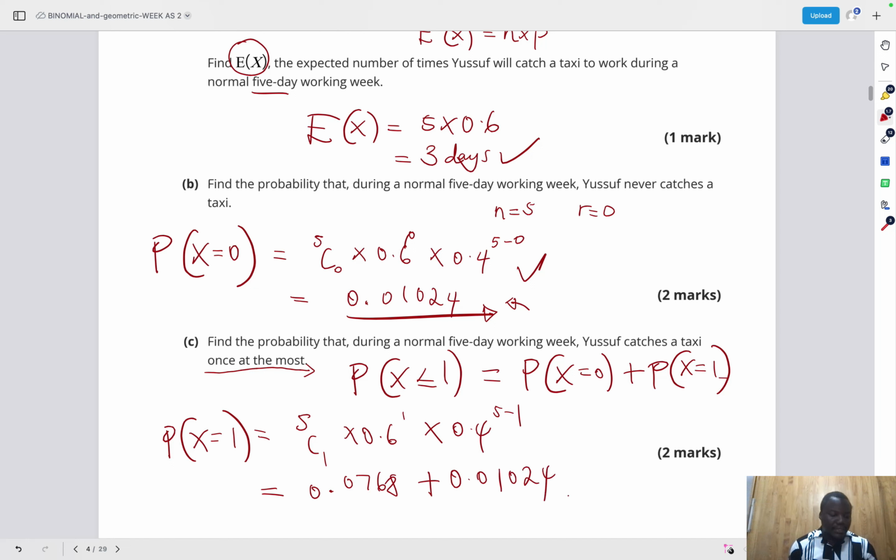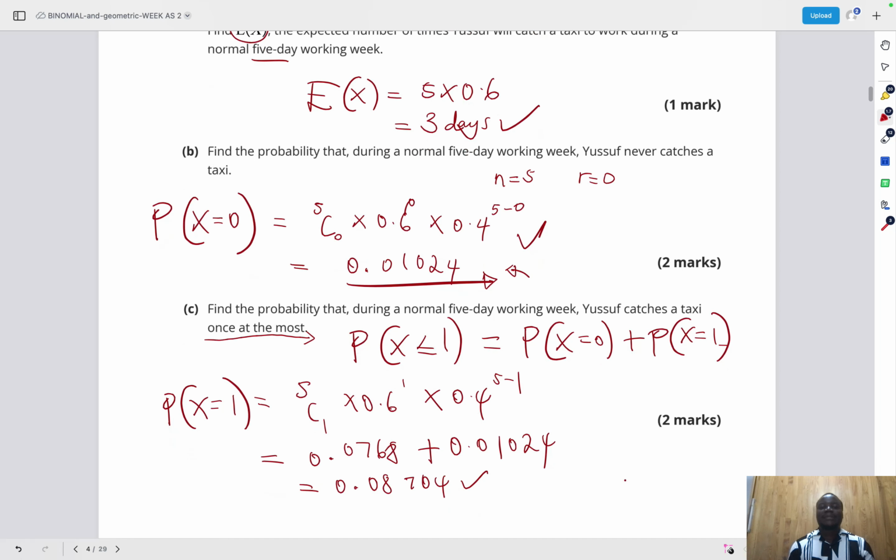So if we add 0.0768 plus 0.01024, that gives me the answer of 0.08704. So this is the probability that Yusuf catches the taxi at most one time.